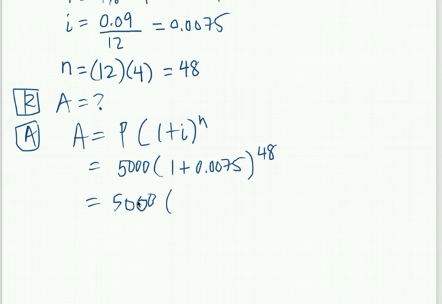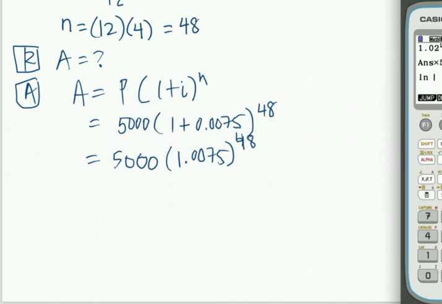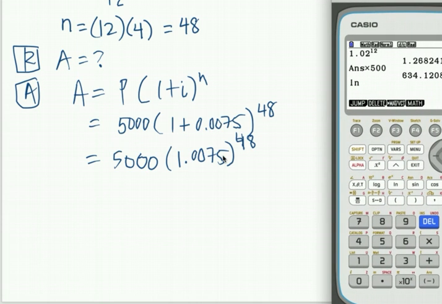All right, so go through. Again, BEDMAS says do the brackets first, and then you're going to do the exponent. Again, just a reminder, do the brackets, then do the exponent first.